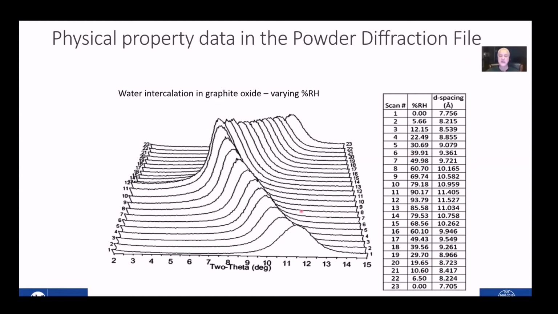And we can see that as the humidity increases, the basal plane spacing increases, and as humidity decreases again, you'll see that basal plane decrease, telling us that you're getting intercalation of water in the graphite oxide. So it's additional information that the analyst can see when they're characterizing their materials.